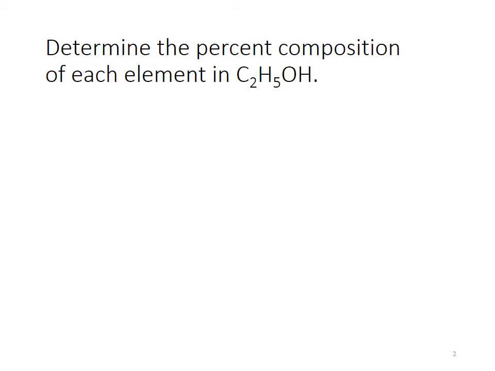So the first thing we would do is calculate the molar mass of ethanol. So I have 2 carbons, so 12.01, remember mass from the periodic table. So the mass of carbon in this compound is 24.02. Then we're going to calculate the mass of hydrogen, 6 times 1.01 from the periodic table.